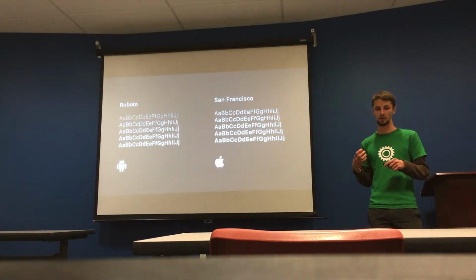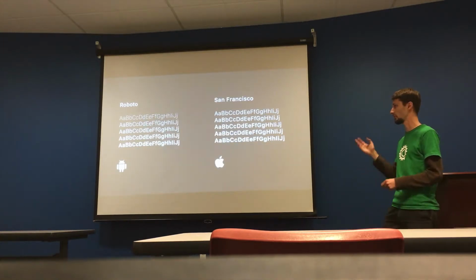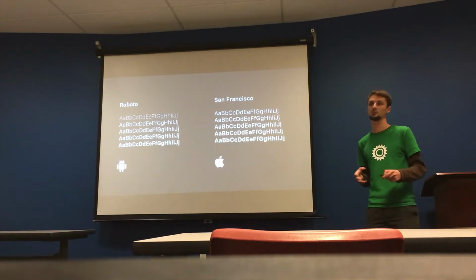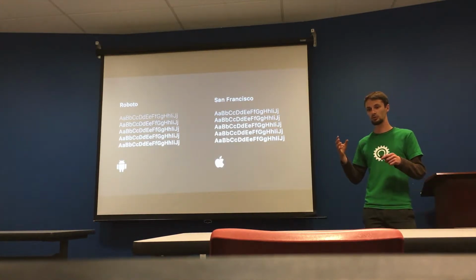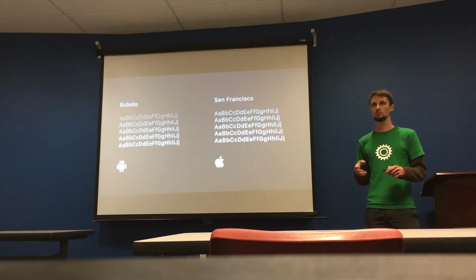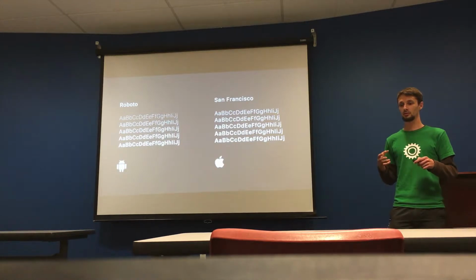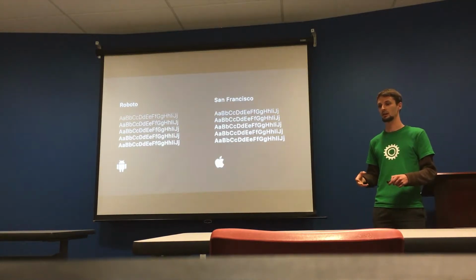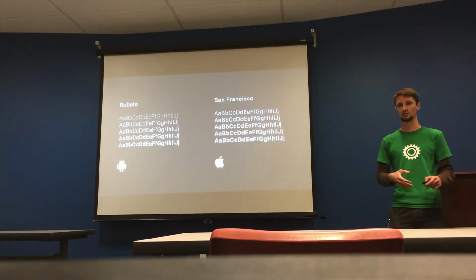There are various very intricate things you can do in code with spacing, especially on Android. If you want the kerning to be just right, if you want paragraphs to wrap in a specific way, you can only do it with these fonts. And with UI design specifically, you really want your users to get comfortable with your app and for your app to feel like it belongs in the ecosystem. So one of the ways that you do that is by using the same font that all of the other apps are using.